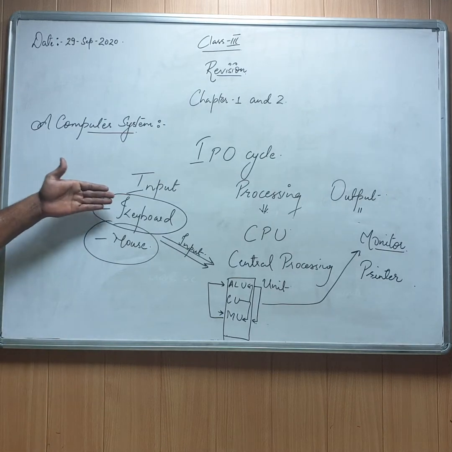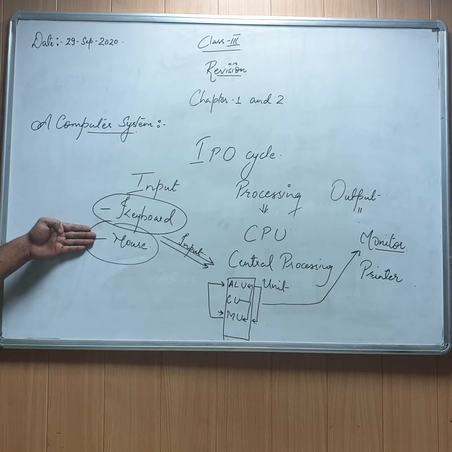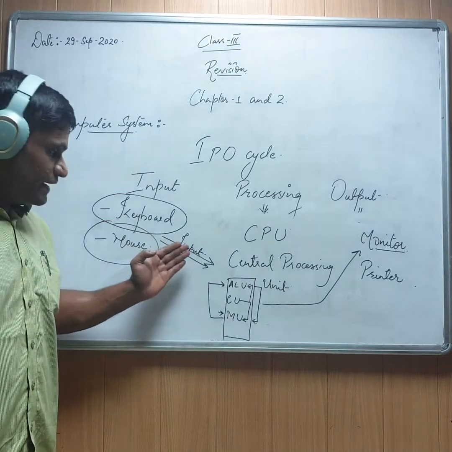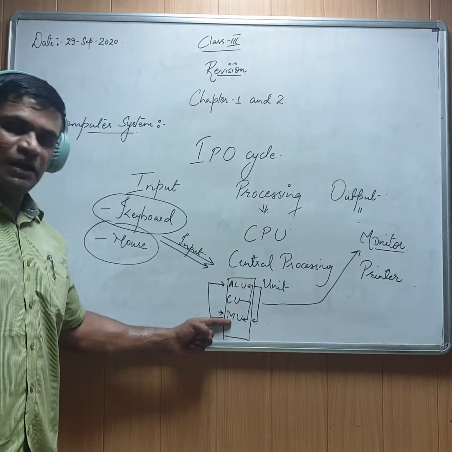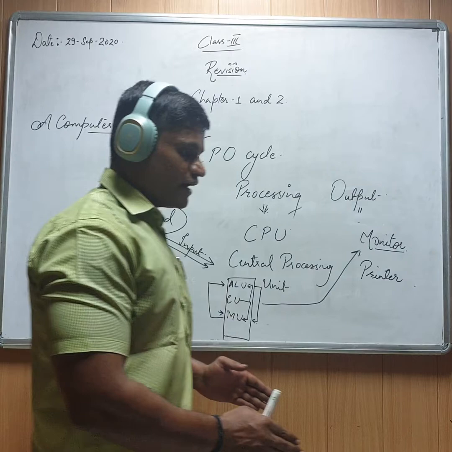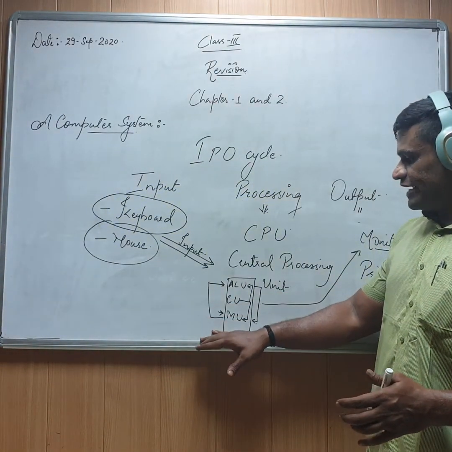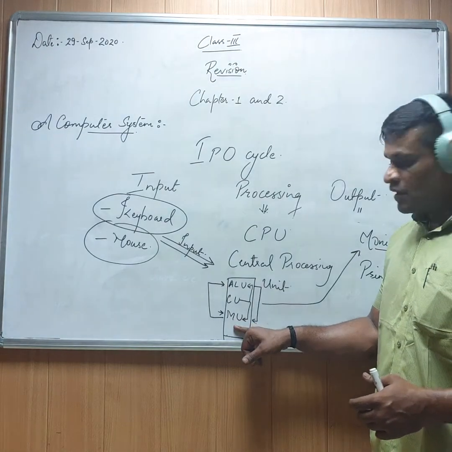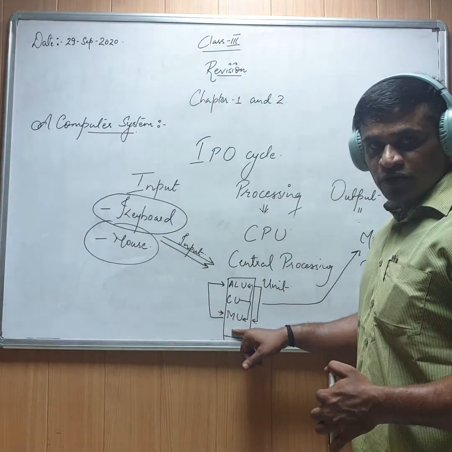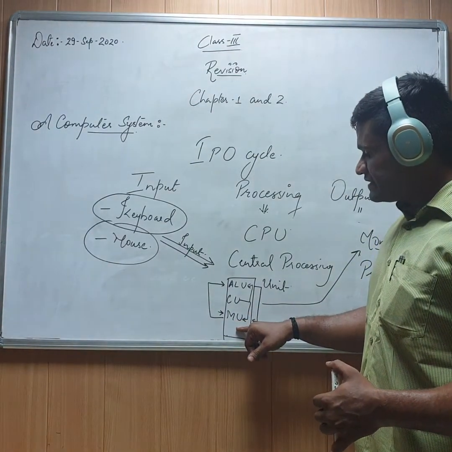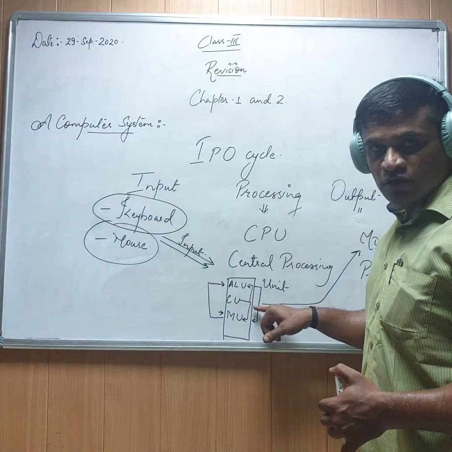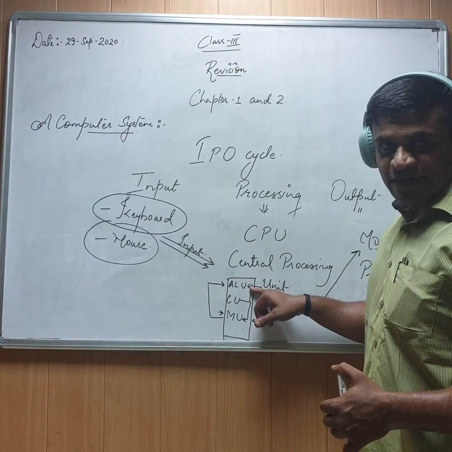Again, from the keyboard or the mouse, that is from the input device, we receive input. The input is stored in the memory unit. As I told you, before going for any processing, the computer will store the data in the memory unit. The data is received by the ALU for processing.